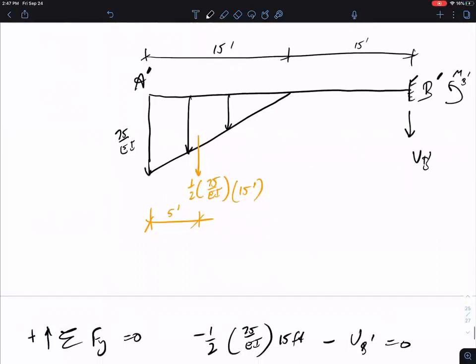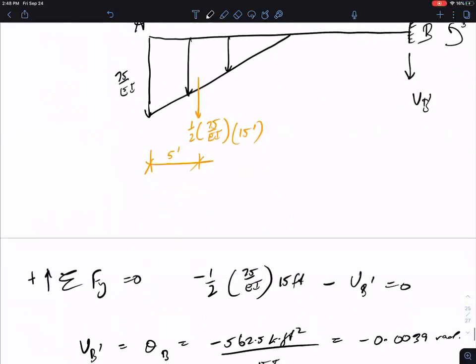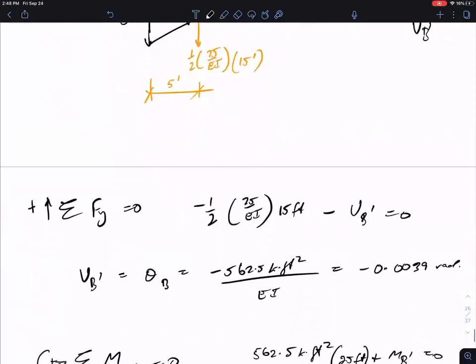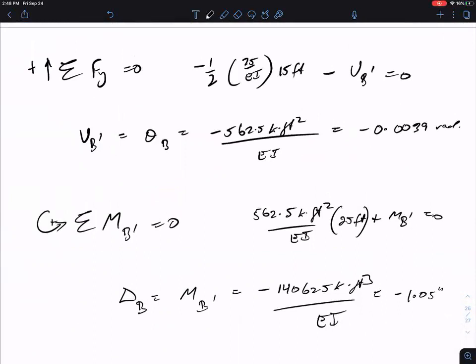And we computed the shear at B prime in the conjugate beam, which corresponds to the slope at point B in the real beam. And we also computed the moment at B prime in the conjugate beam, which corresponds to the vertical displacement at point B in the real beam.